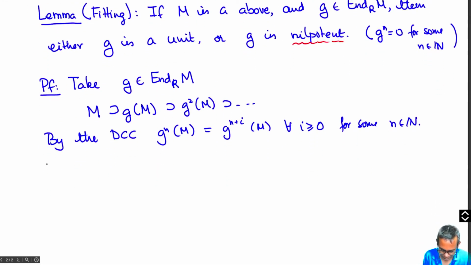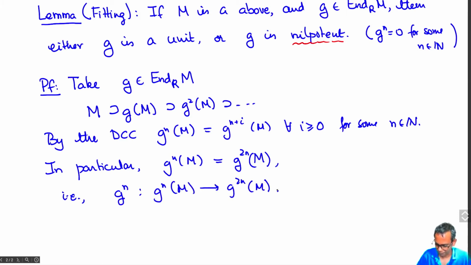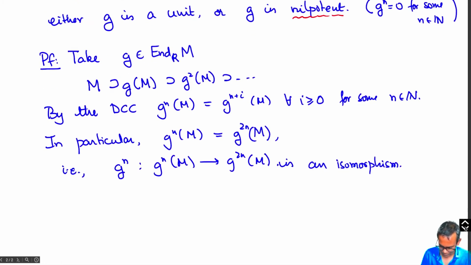And what this means is that in particular g^n M is equal to g^(2n) M. Or in other words, g^n is an isomorphism from g^n M to g^(2n) M. Okay, so now let's proceed further.